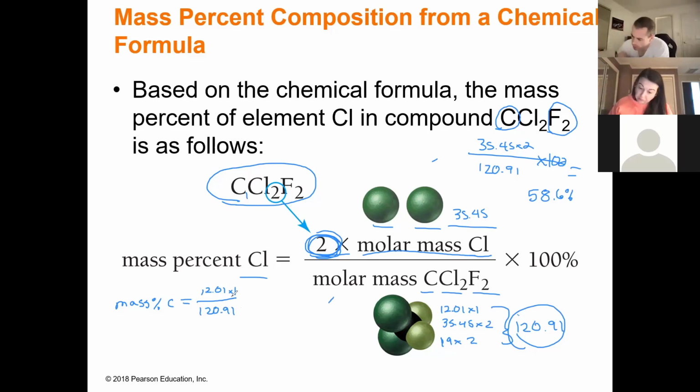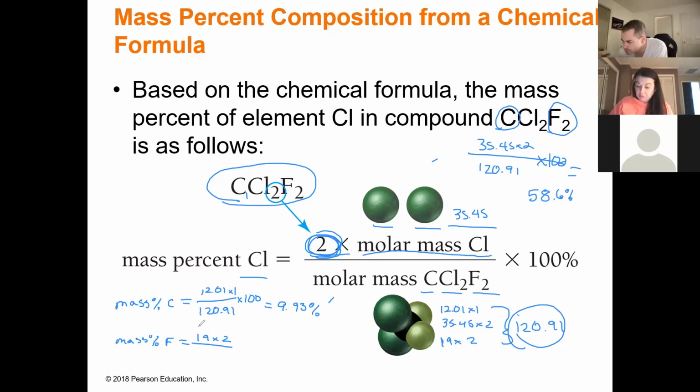And then, sorry, I always forget to do this when I'm doing mass percents, times 100. So we take the 12.01, divide it by the 120.91, and multiply by 100, I get like 9.93%.